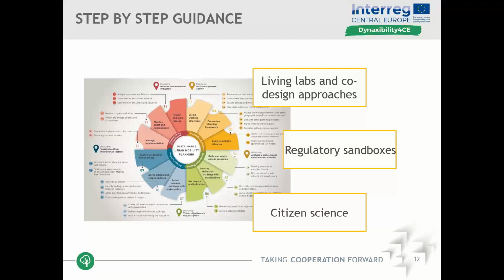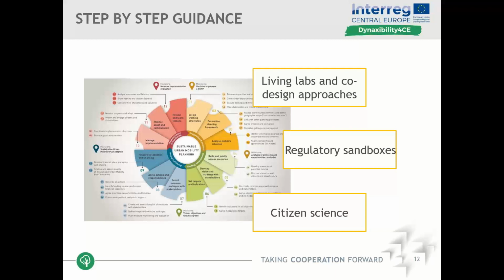And what have we done? We have created a step-by-step guidance, which is using a mix of these three main elements, providing opportunities for the application of participatory principles across the main phases of the SUMP cycle.